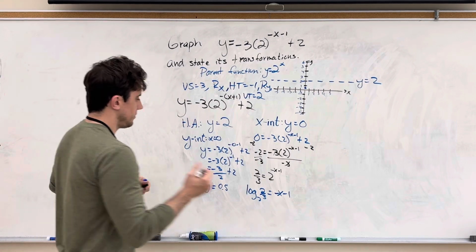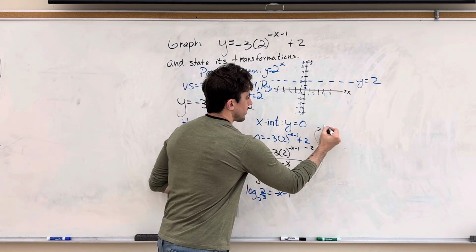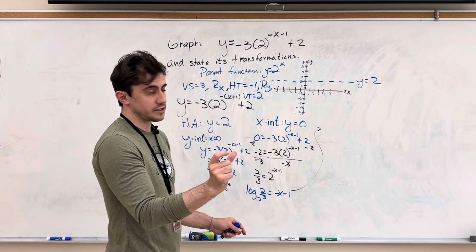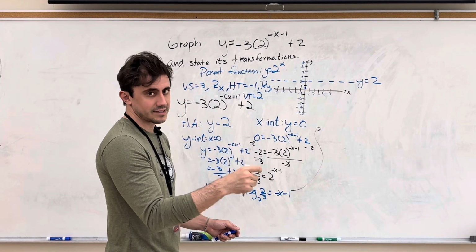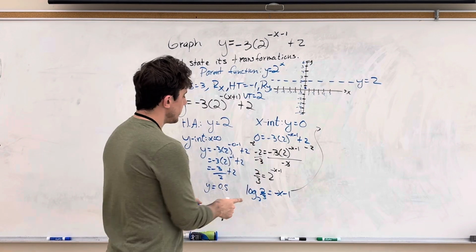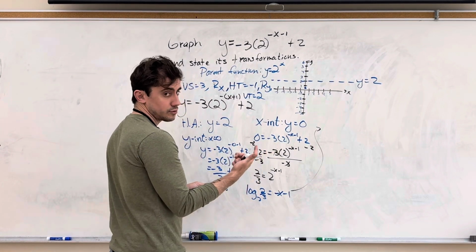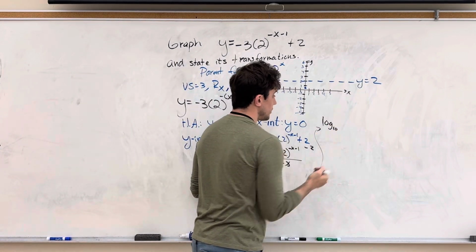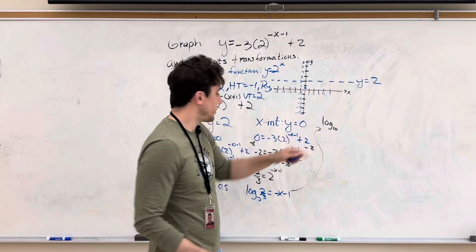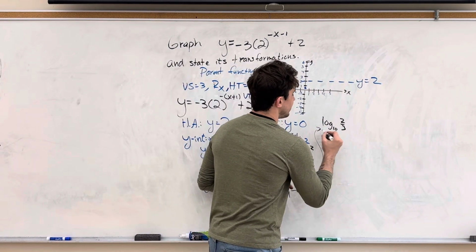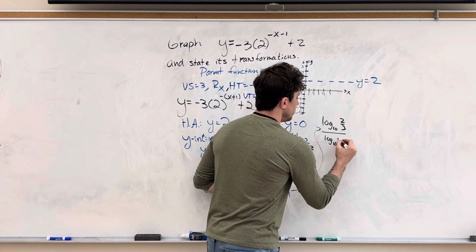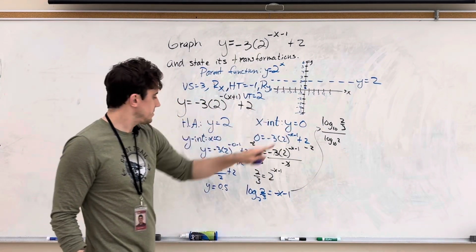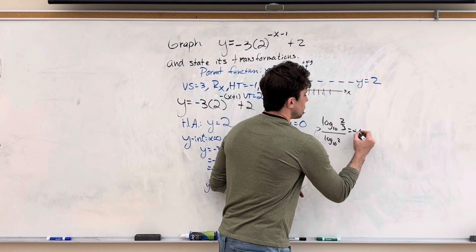And on a calculator, I'll give you an easier strategy. For log base 2 of 2/3, the log button on a calculator is log base 10. That's the default log base. And so we can write this, using one of your logarithmic rules, which you can look up online, as the log base 10, which is what the log button on your calculator is likely to be, of 2/3 divided by the log base 10 of 2. That's what this value can be computed as, and that's equal to negative x minus 1.